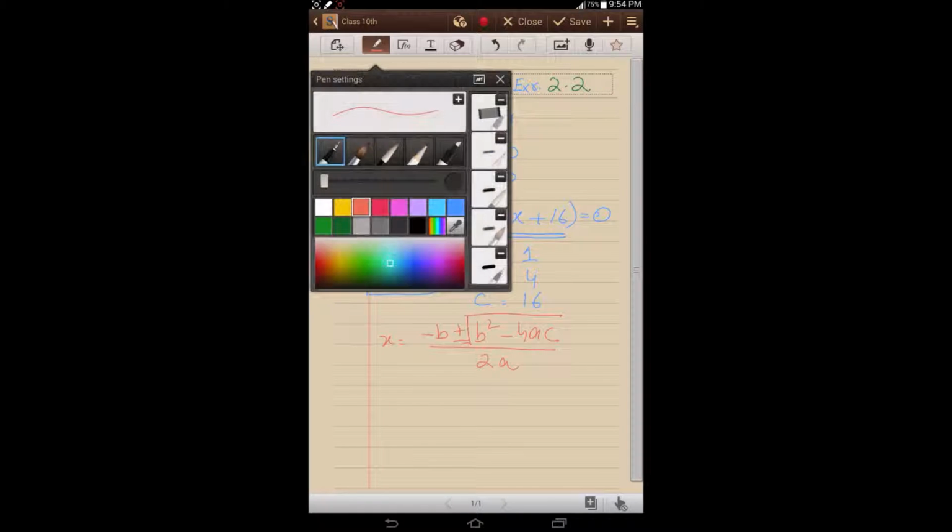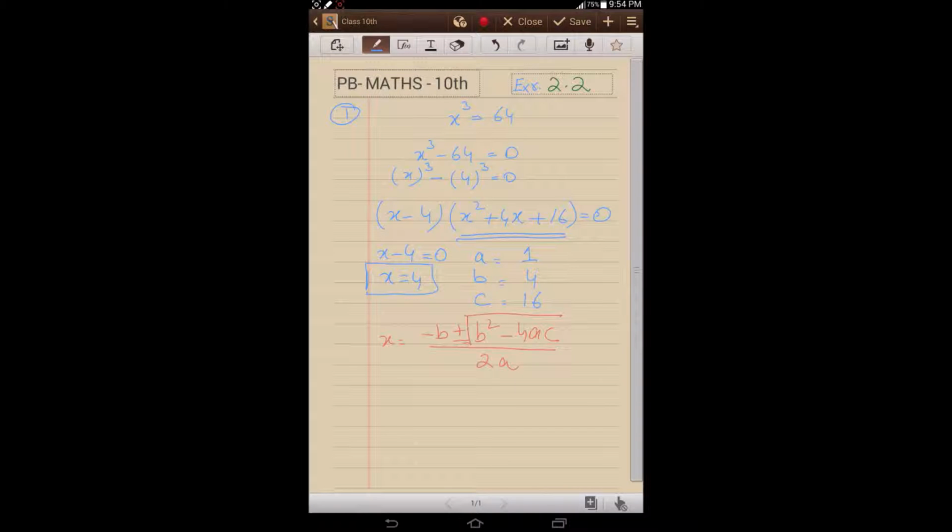So let's solve it. We can write x is equal to minus 4 plus minus square root of 4 square minus 4 into 1 into 16, divided by 2 into 1.